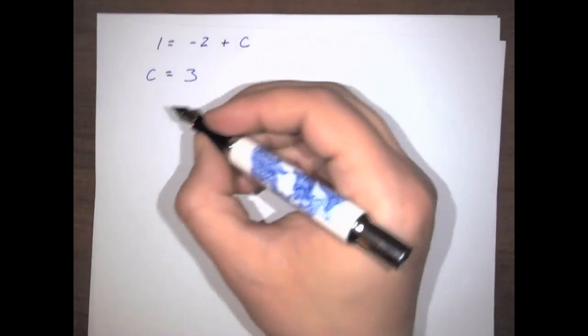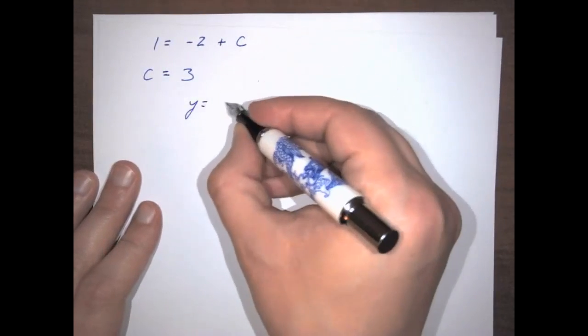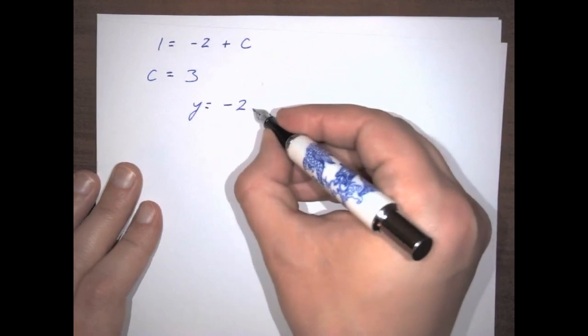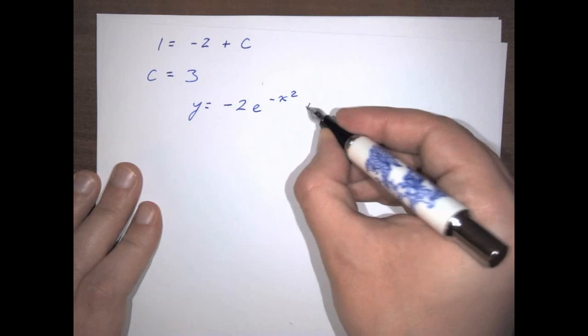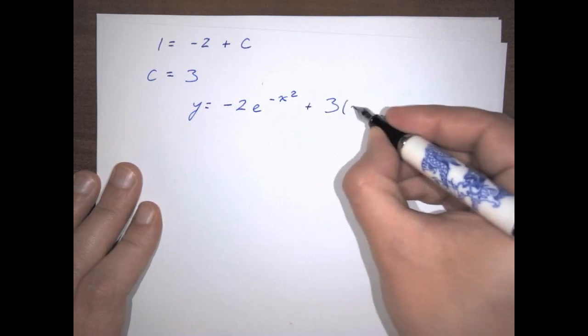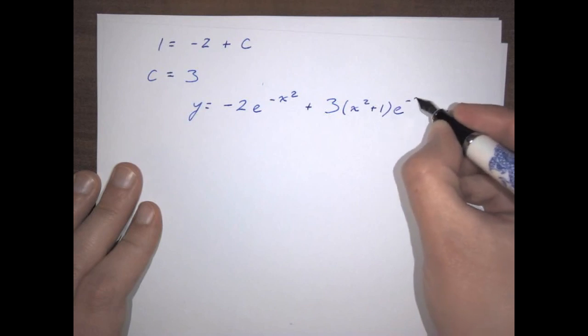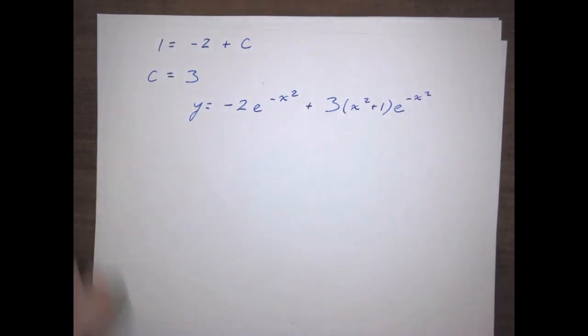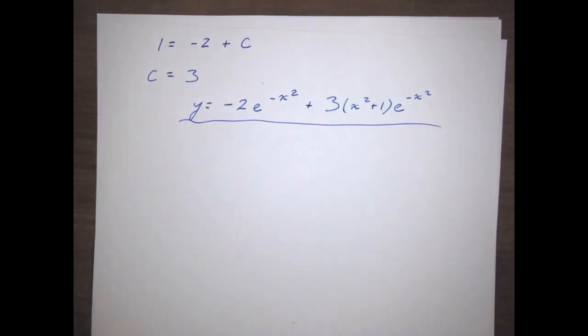Which then gives us a final solution to the differential equation of y is equal to negative 2e to the negative x squared plus 3 times x squared plus 1 times e to the negative x squared. So there's the solution there.